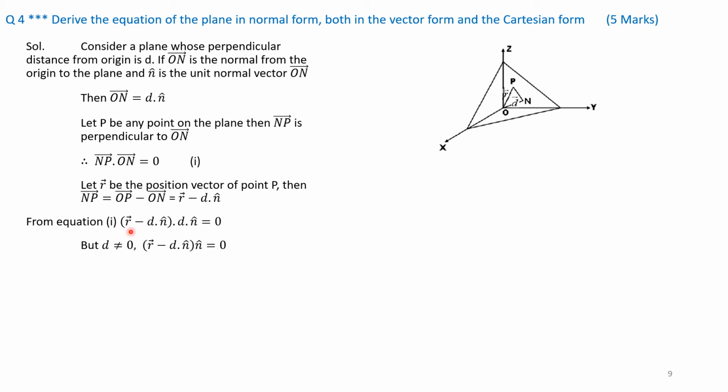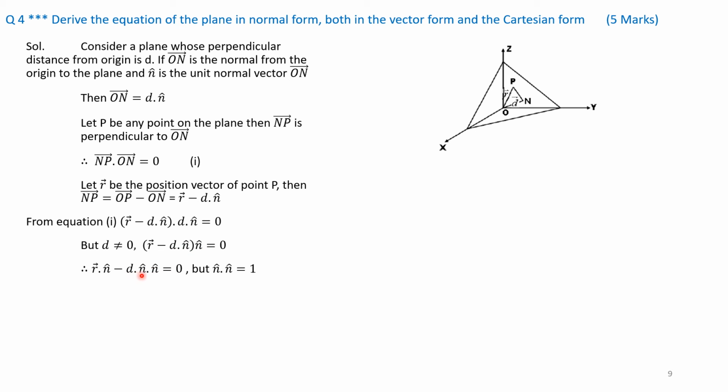But in this equation, d is not equal to 0. Therefore, (R minus d n cap) dot n cap remains. So that should be equal to 0. Therefore, multiplying, vector R dot n cap minus d n cap dot n cap.